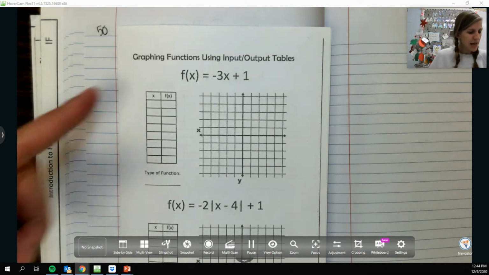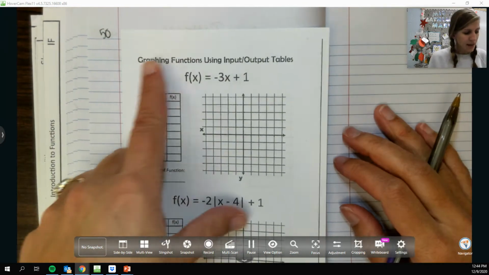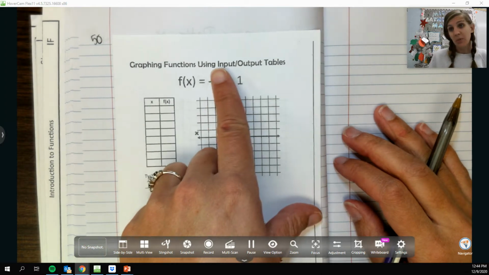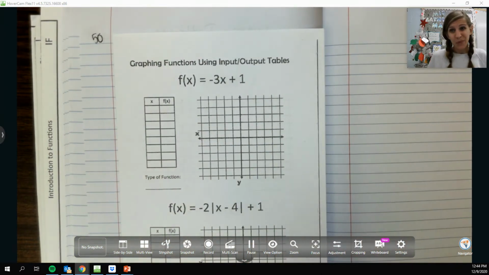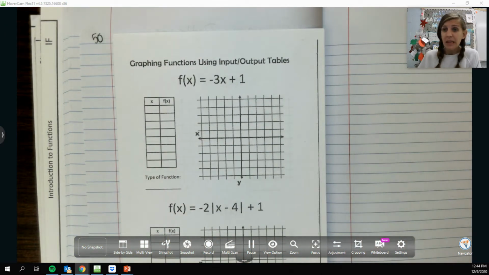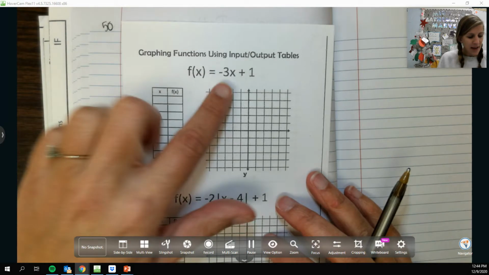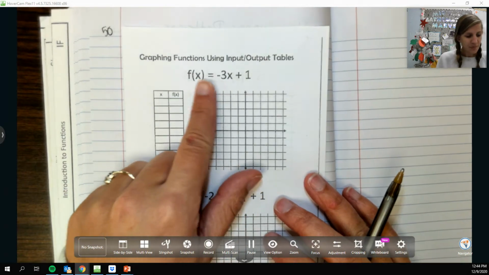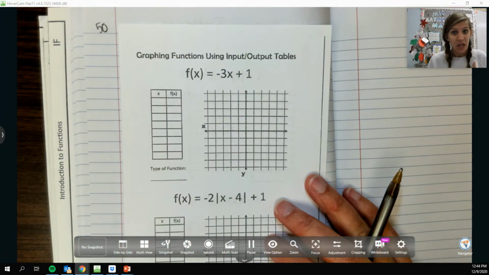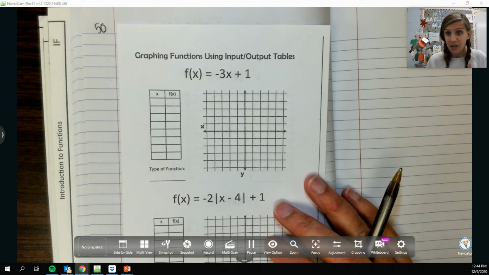And so basically what we have here is that we are going to be graphing functions using an input and output table. Now, you'll find out probably pretty quickly that I do not like graphing with tables, but for now, that's kind of all we have. So if I have my function here, I get to choose whatever I want my input values to be.